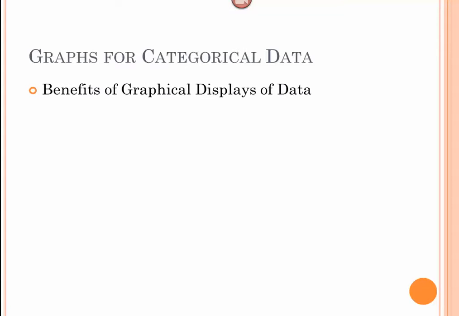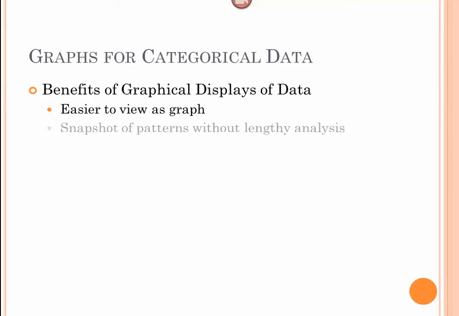There are obviously many benefits of displaying graphs of data. It gives us a picture of our data in one fell swoop. It's easier to view than looking at a bunch of numbers or a big collection of names and labels. And it gives us a snapshot of patterns without having to do a lengthy analysis of those patterns.